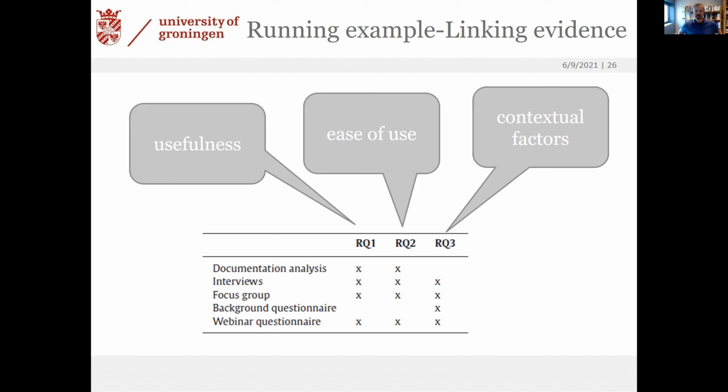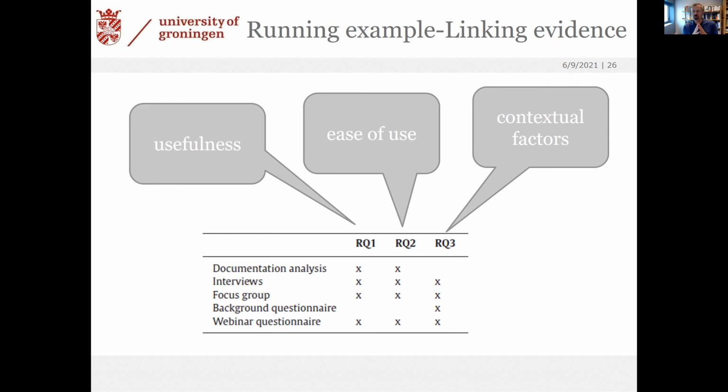And we collected data using 5 different methods. We used documentation analysis, interviews, a focus group, a questionnaire asking for the background of architects, and we also did a webinar and another questionnaire there. So we had 5 different data sources. And for each research question, we were able to collect data from at least 4 of those data sources.